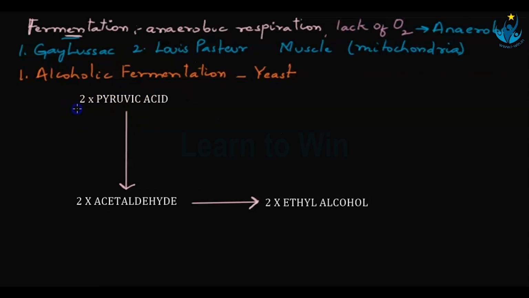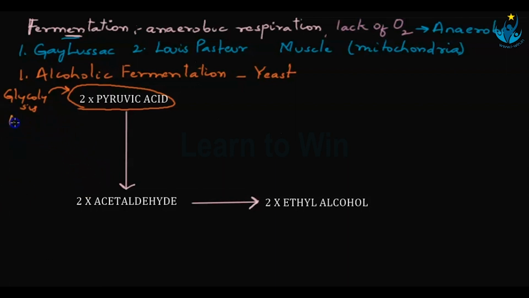The starting product will be 2 molecules of pyruvic acid, which has come from glycolysis. As I've already told you in the beginning, glycolysis is common for both aerobic respiration and anaerobic respiration, right? So that glycolysis will produce the pyruvic acid, which will now undergo the first step.